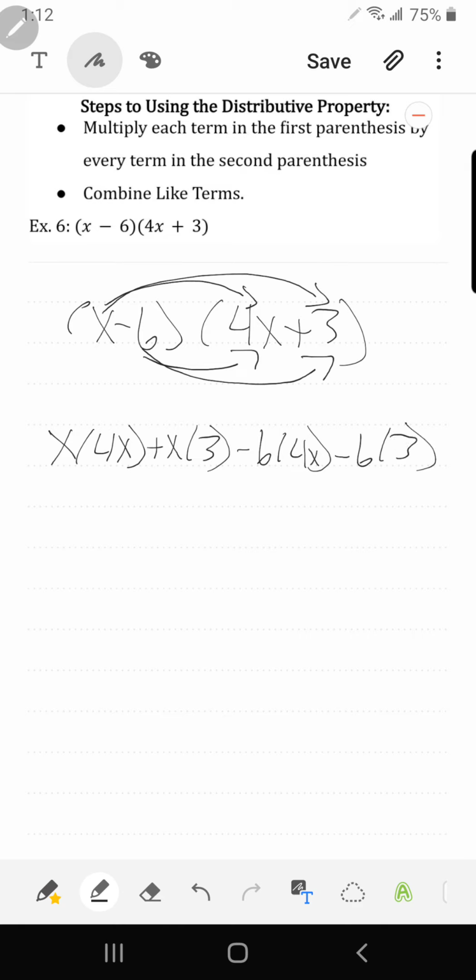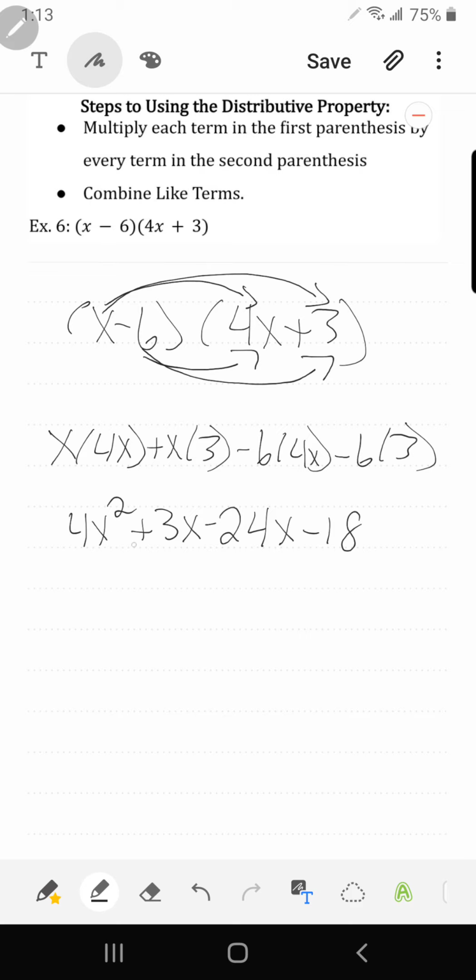Okay, now I distributed. Now I have to multiply and combine. X times 4x is 4x squared. X times 3 is plus 3x. Negative 6 times 4x is negative 24x. Negative 6 times 3 is negative 18.